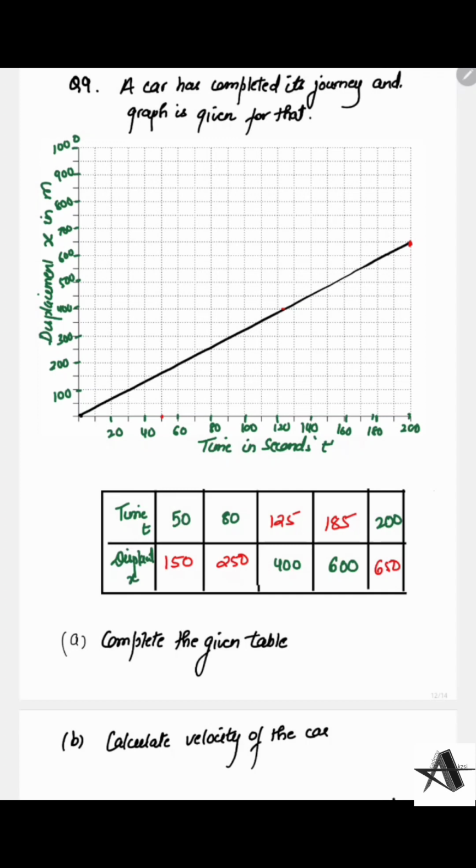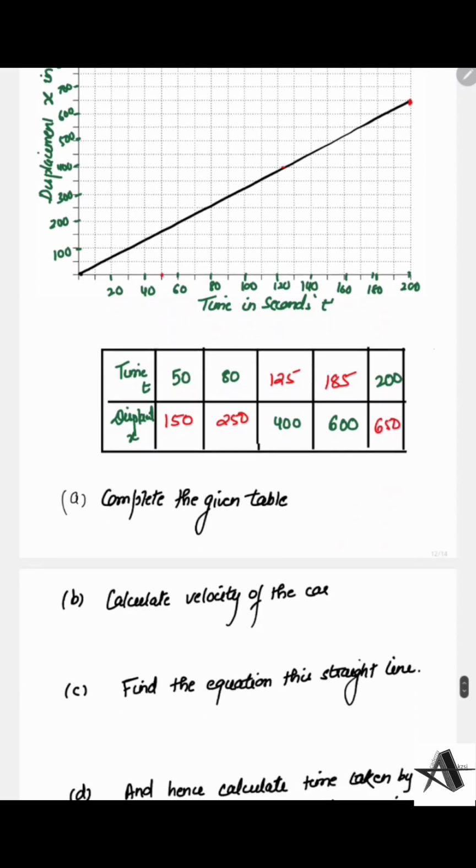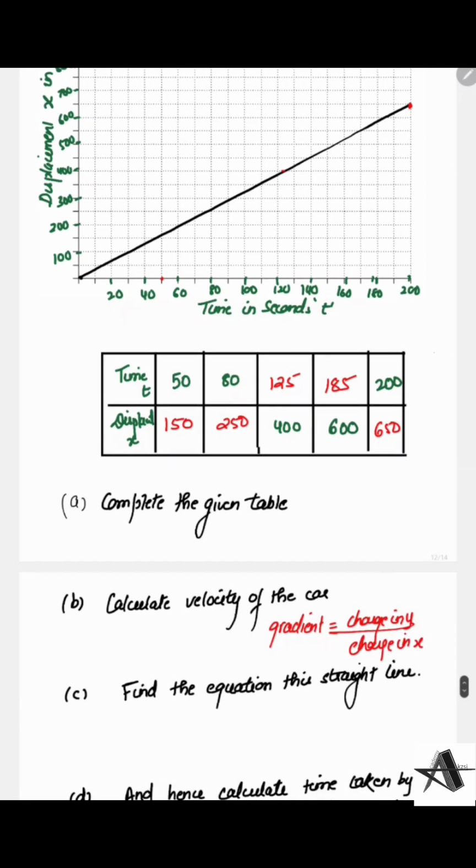Calculate the velocity of the car. Velocity is actually between displacement and time. If you don't know what value you will get, mostly they always ask you about the gradient. This is the best way to know what the gradient of any graph will give. Keep in mind, because I take online classes as well, I've seen that even after I explain this, students face problems understanding this very simple concept.